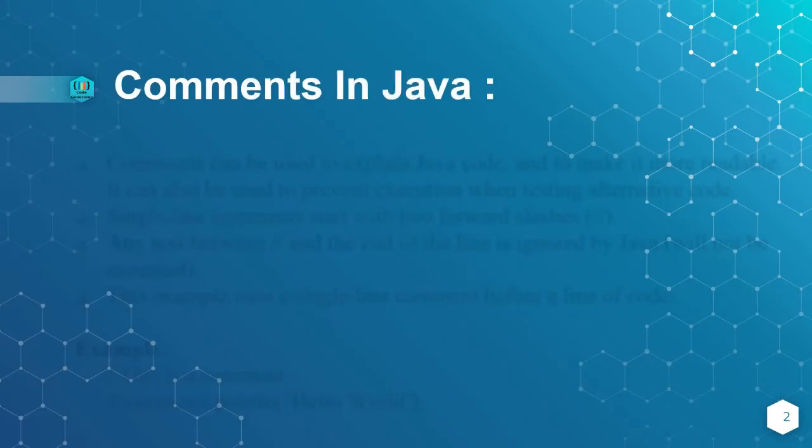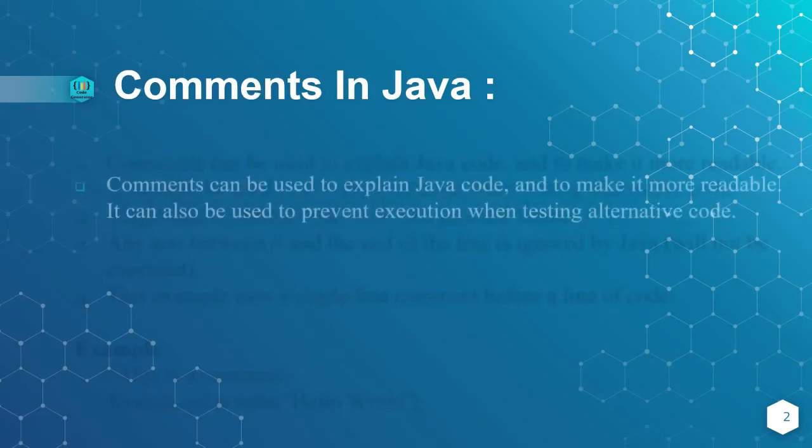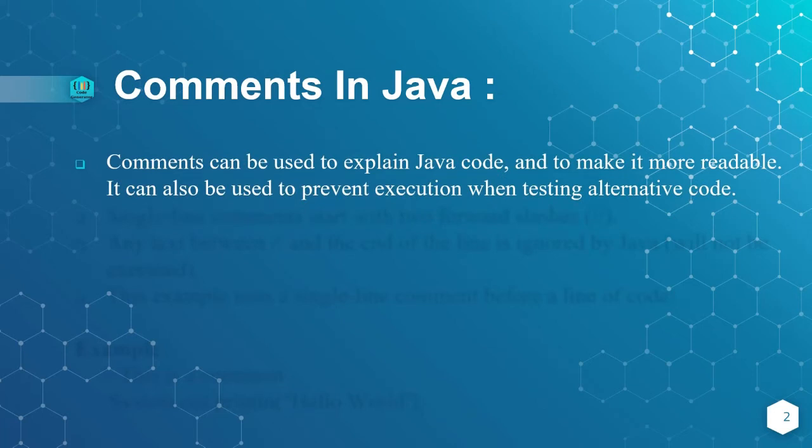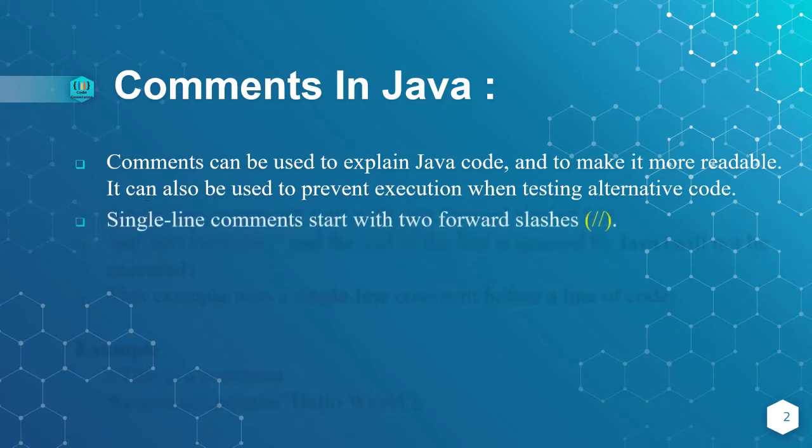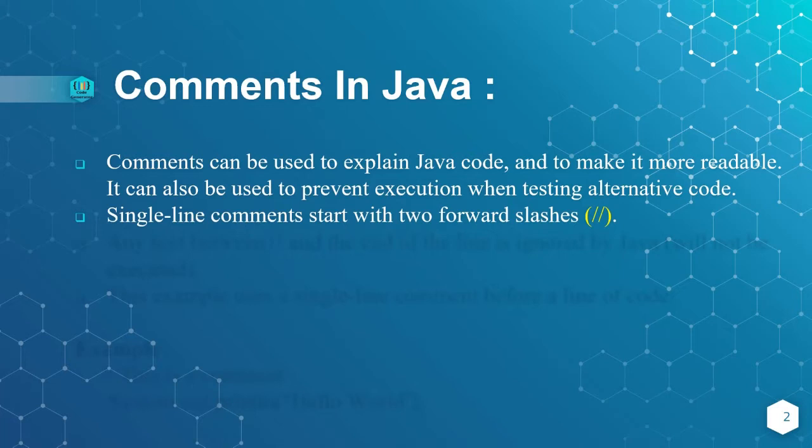First, we will start with comments in Java. Comments can be used to explain Java code and to make it more readable. They can also be used to prevent execution when testing alternative code. Single line comments start with two forward slashes.